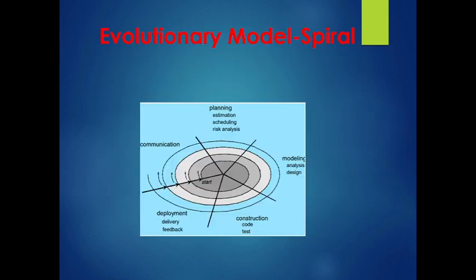And the next model is spiral model. This model consists of various phases like communication, planning, modeling, construction, deployment.